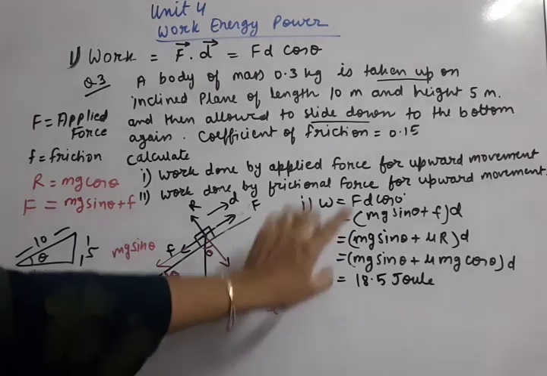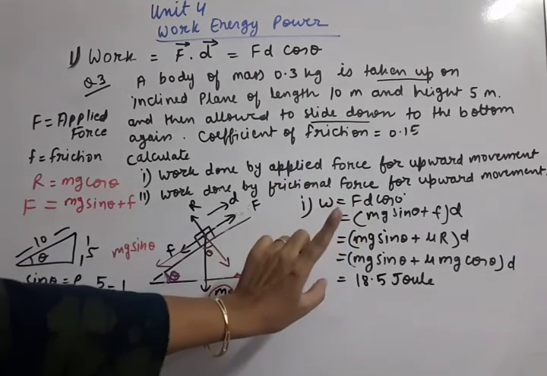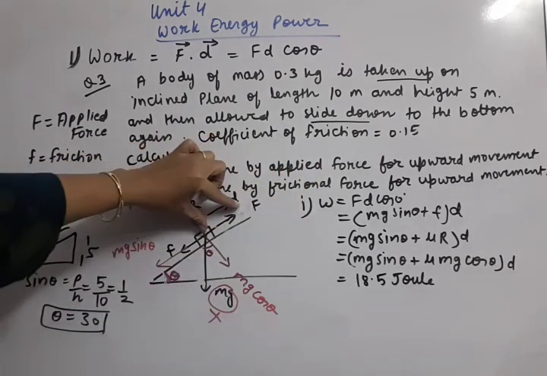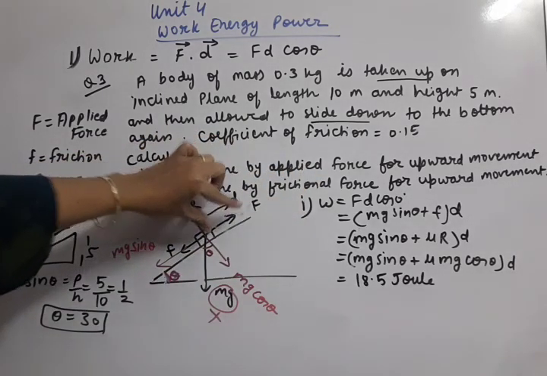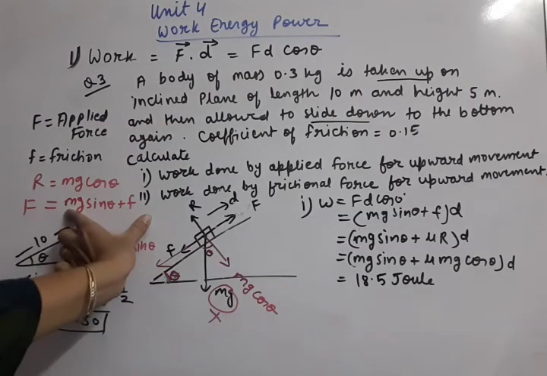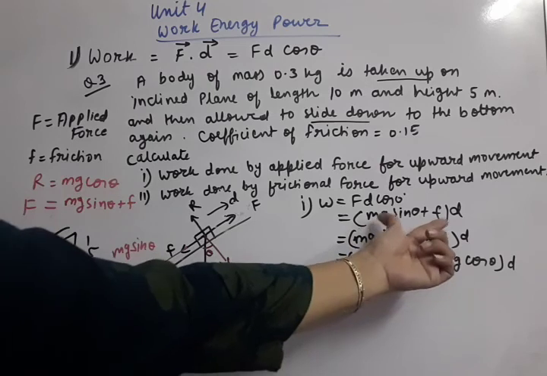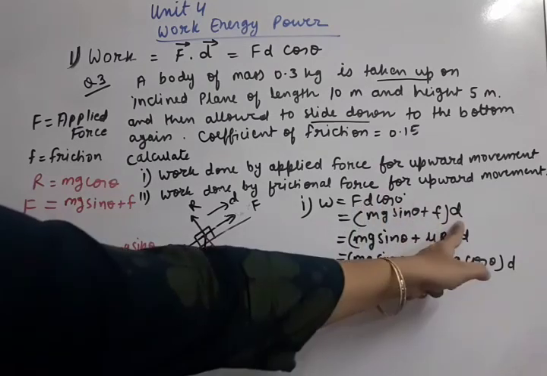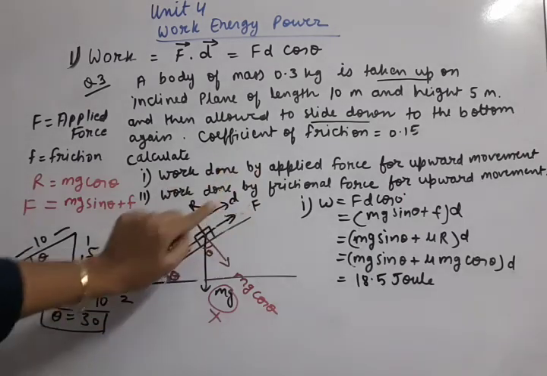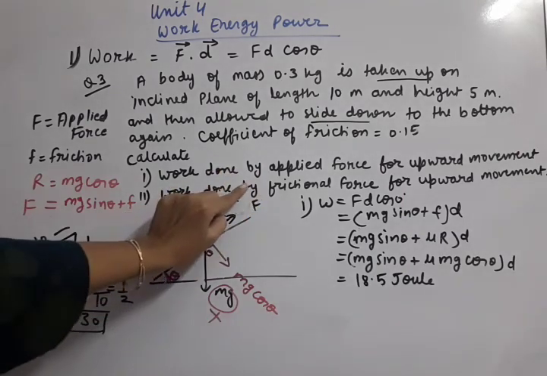Okay. So it's not very difficult. Let us just revise this concept. Work done by applied force. So applied force F, its equation we have already prepared: mg sin theta plus small f. So we need to put here mg sin theta plus small f. d means the displacement. Cos 0 is coming because the force we are applying upwards only and the body is also moving upward only.